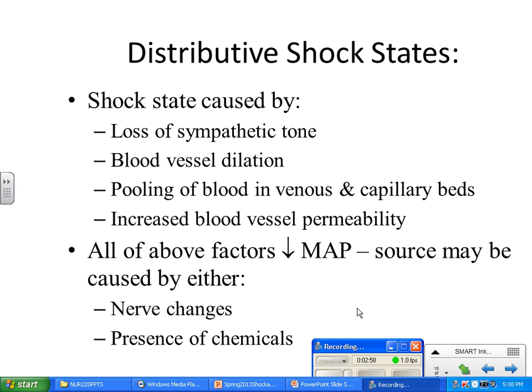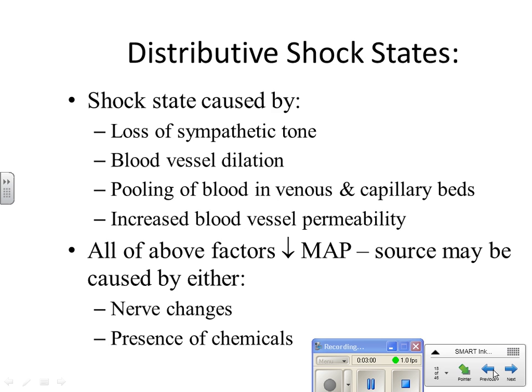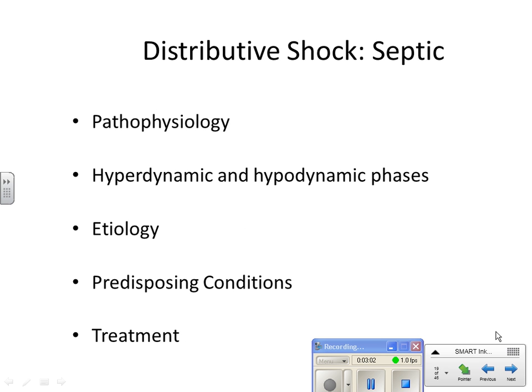Okay, so the first type of distributive shock that we're going to talk about is septic shock. The pathophysiology is very similar to what we talked about when we talked about ARDS. We have a systemic inflammatory response.